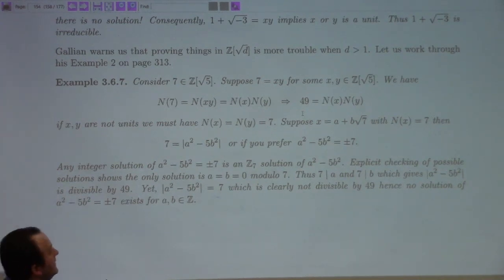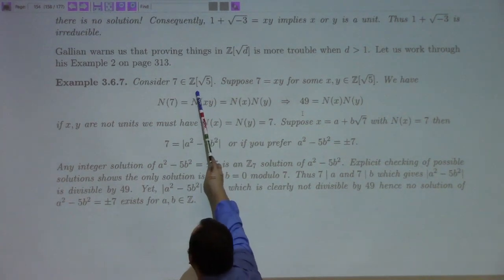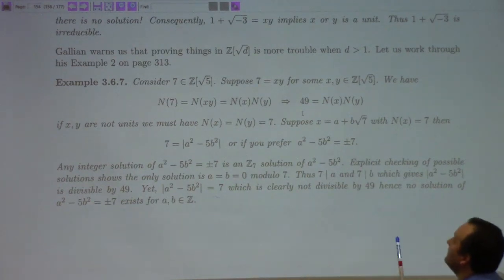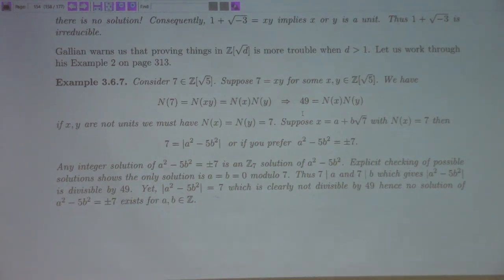So here we're going to look at Z adjoin root 5. And for Z adjoin root 5, we can look at 7 and ask the question, is 7 irreducible in Z adjoin root 5? Suppose it was.